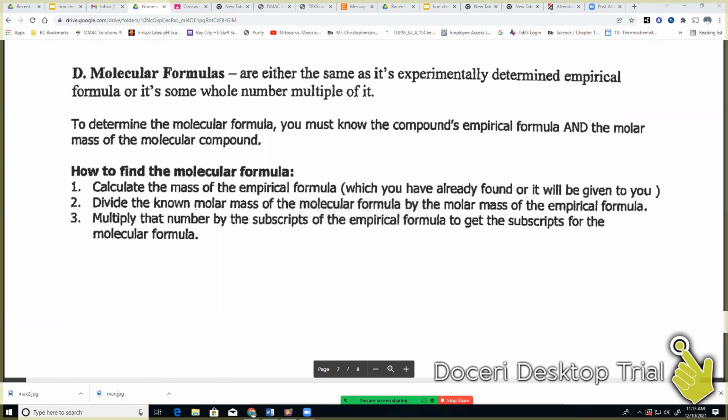So the molecular formula can either be the same as the empirical formula, or it's some whole number multiple of it. So to determine the molecular formula, you must know the compound's empirical formula, like you figured it out just like we did, or it's given to you. And you must know the molar mass of the whole compound, and that always has to be given.